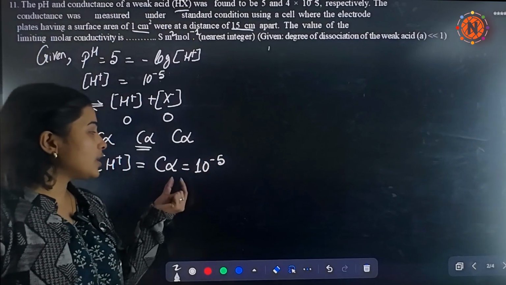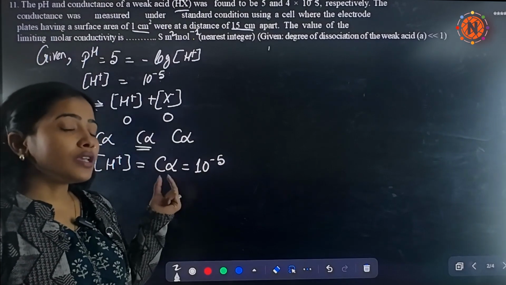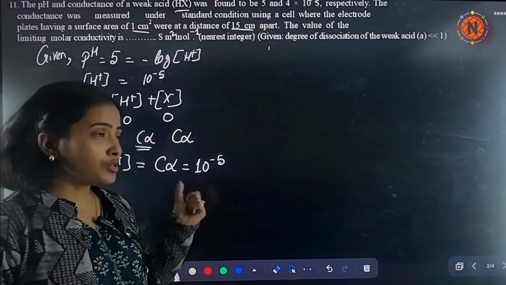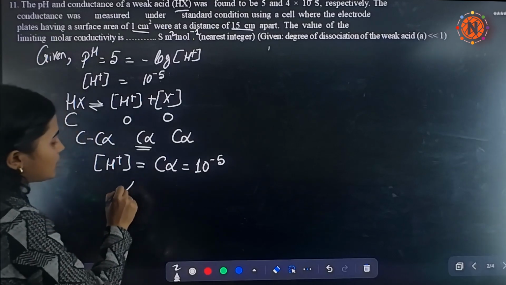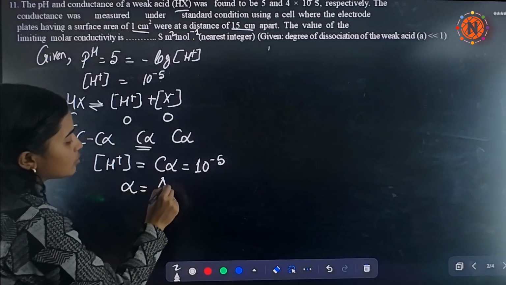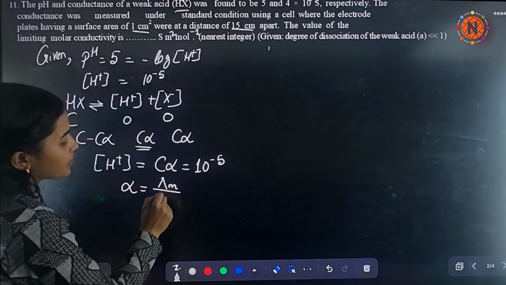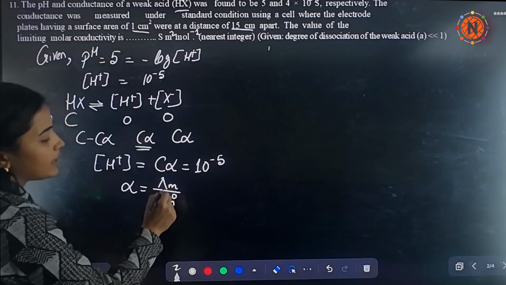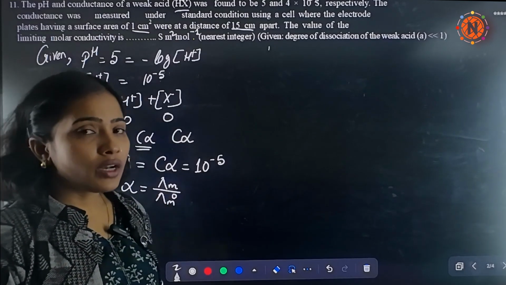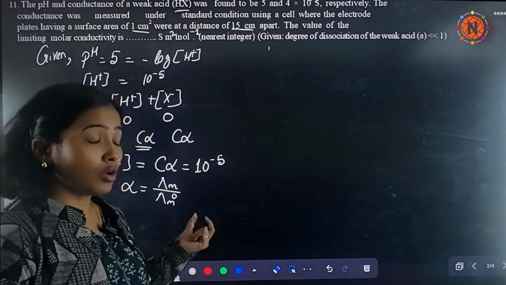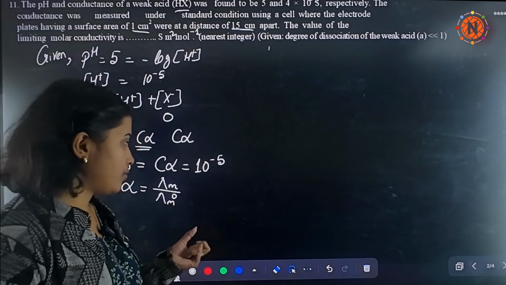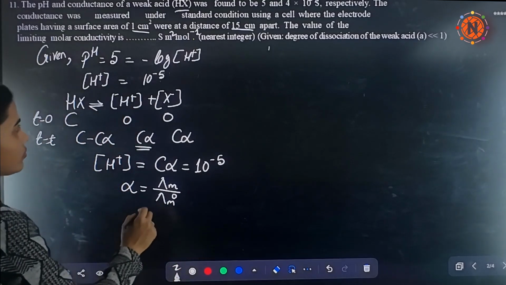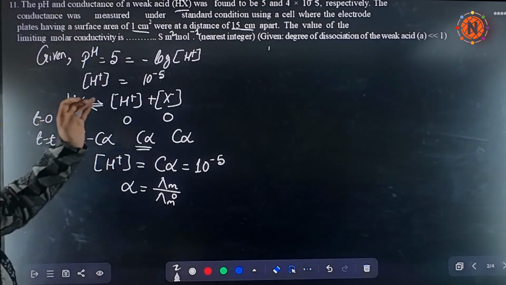And we know what is alpha. Alpha is the degree of dissociation, and the degree of dissociation is equals to lambda M divided by lambda M naught, where lambda M is our molar conductivity and lambda M naught is the limiting molar conductivity, right? Okay. Now what else is given?